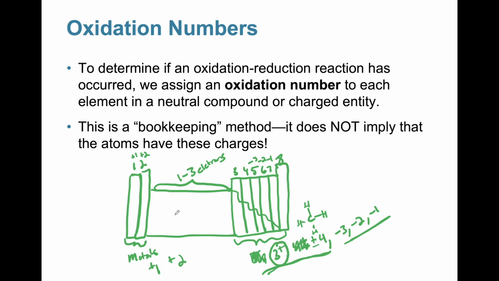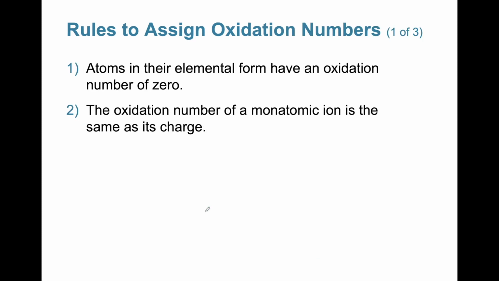So these will always have a charge of either plus 1 through plus 3. It just depends on the atom. Normally the way you tell is by using the formula. The formula will tell you what the charge is, or what the oxidation number is, right?